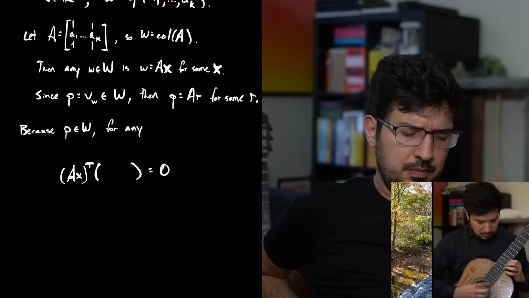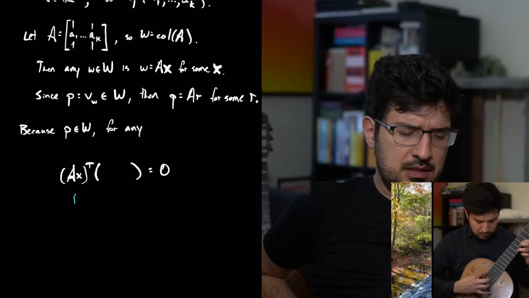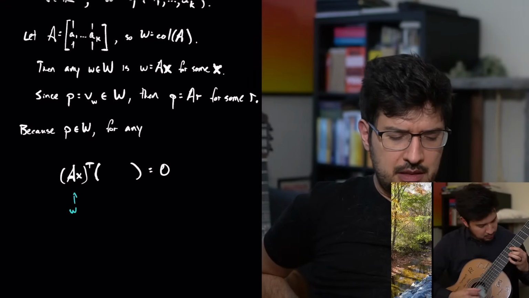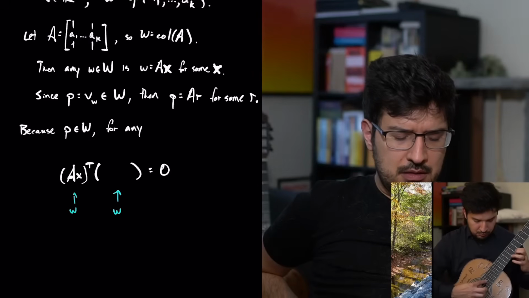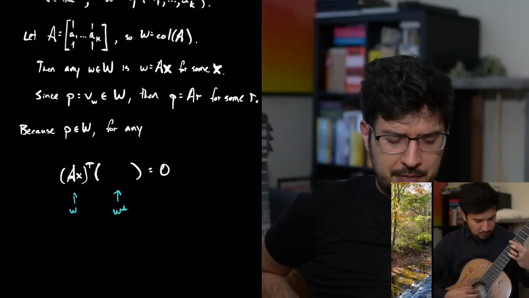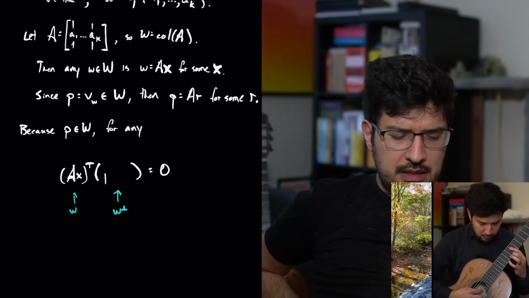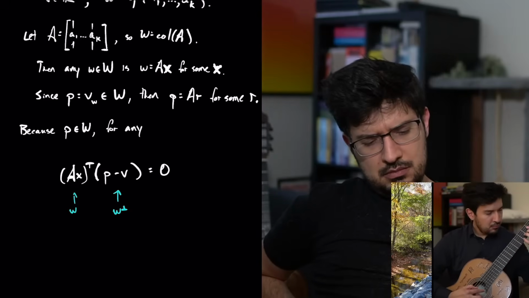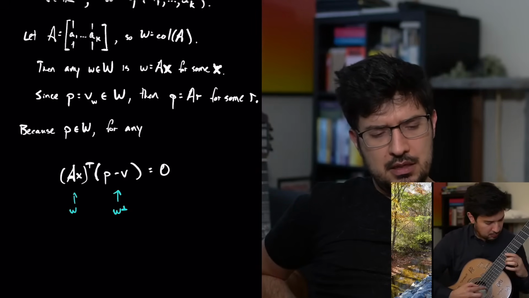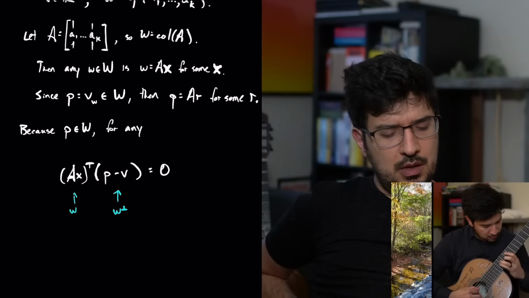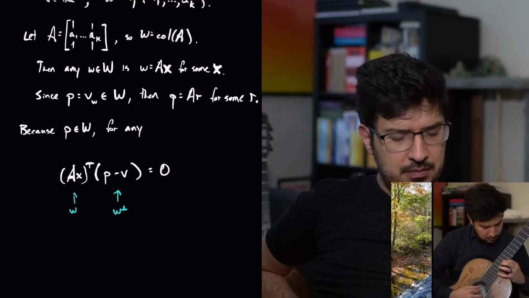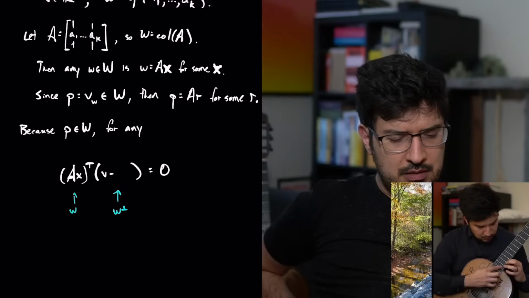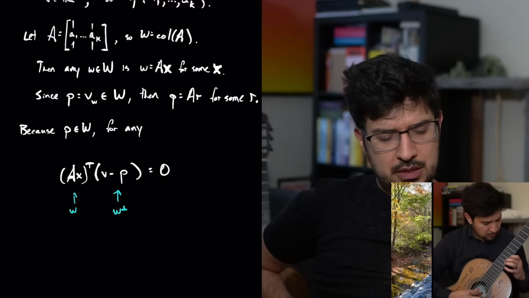So this is some vector in the subspace, and this I want to be in the orthogonal complement. This is P minus V. But that doesn't feel right. Oh, this would be V minus the projection.